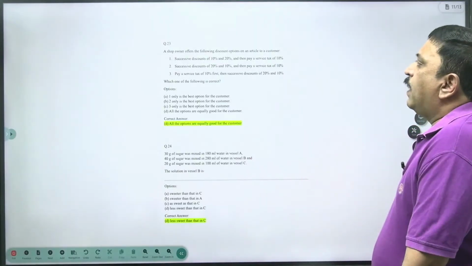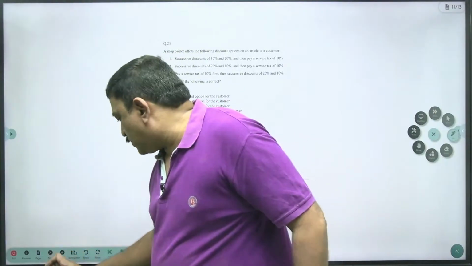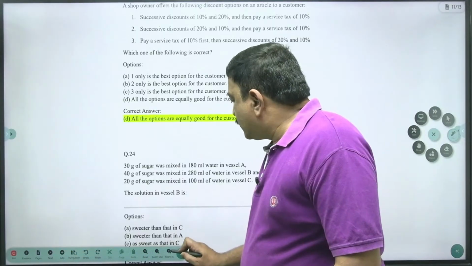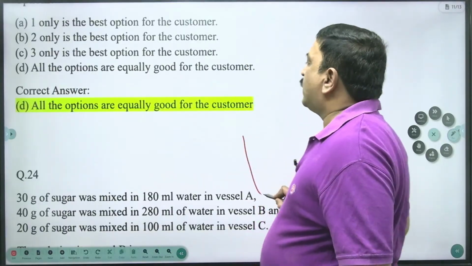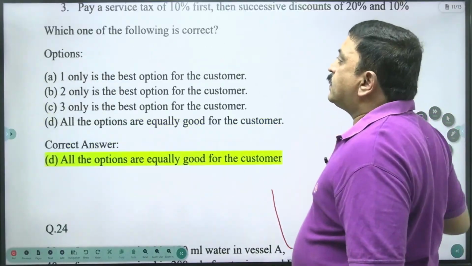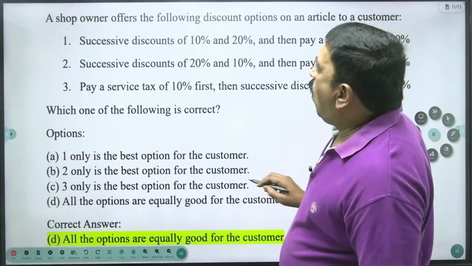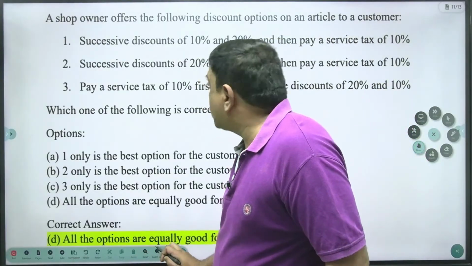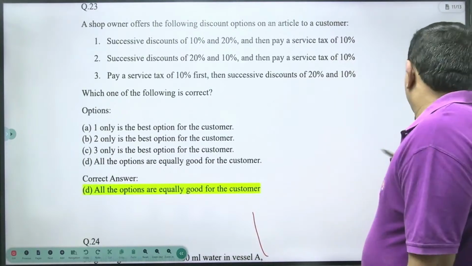23rd, right? I have generally given this question type since the inception of the CSAT. I used to give the same question many times in a normal class. So here, just observe: a shop owner offers a discount on an article to a customer.